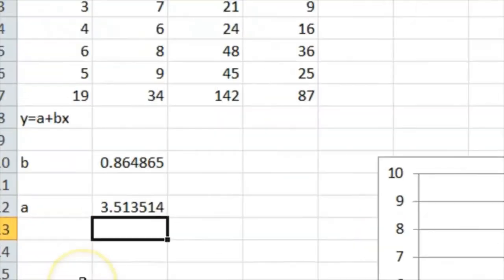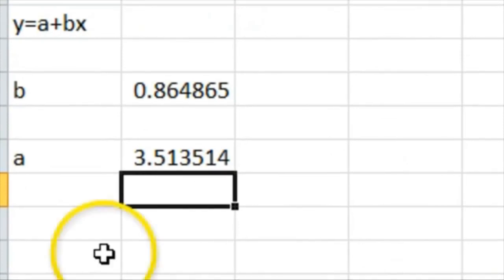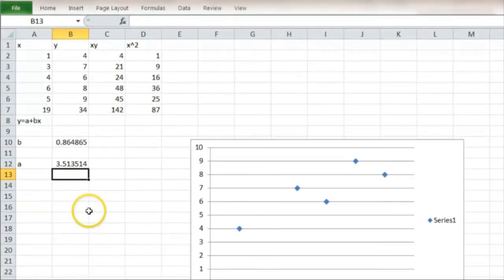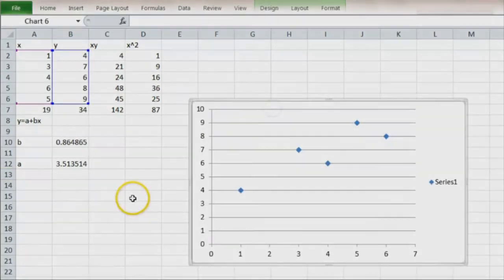So our equation is y equals 3.5135 plus 0.864 etc. times x. That's the equation of the line of best fit, or the regression line of y on x.